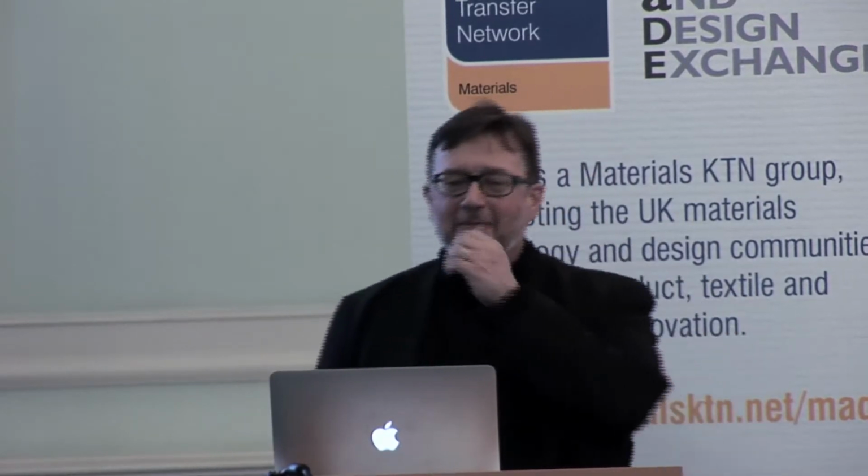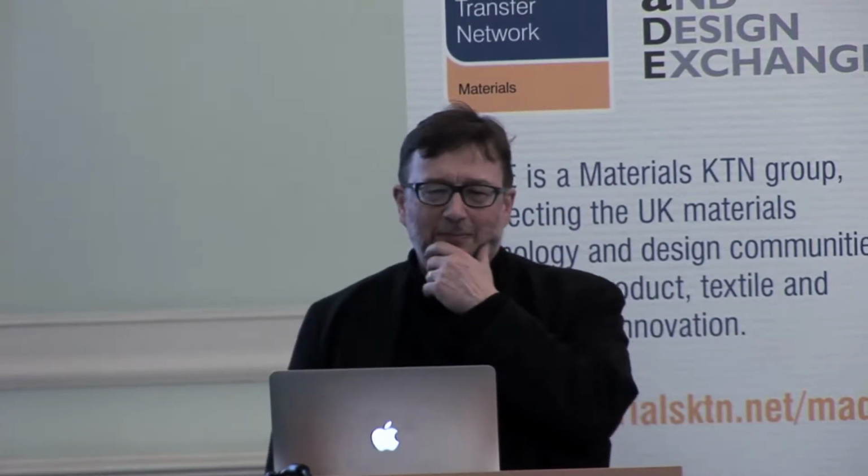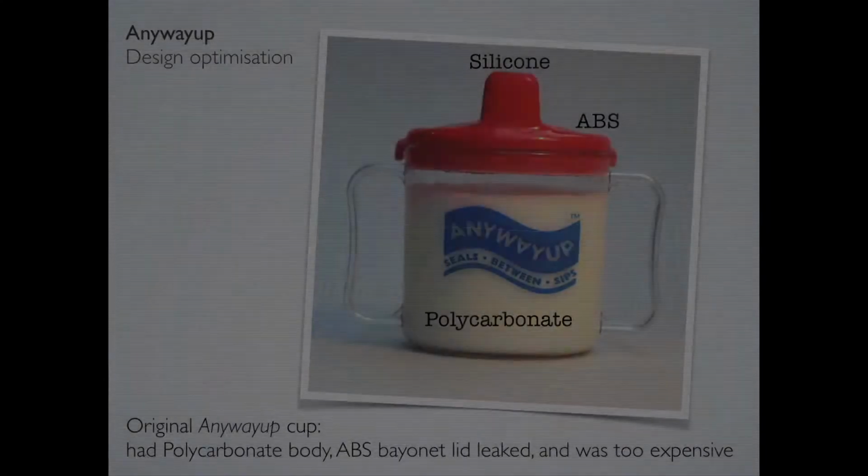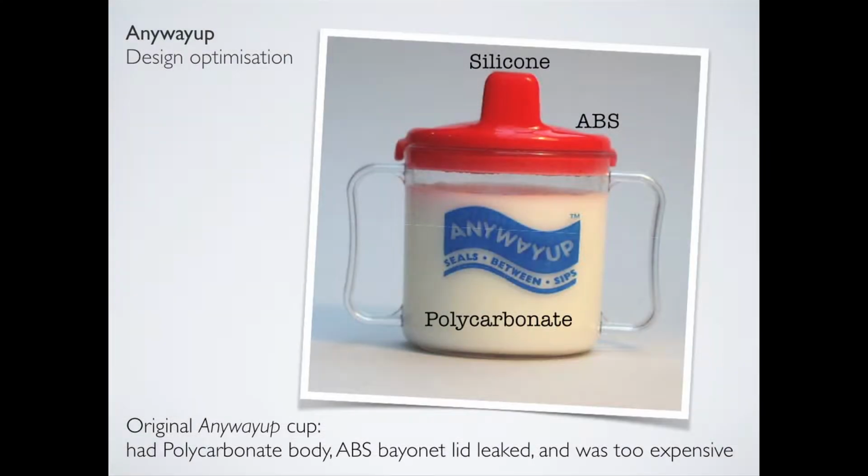So then sometime later, I came across this baby cup, and I'd got children by then, and it had problems, and it leaked. It had this great idea of having a silicone seal at the top, but it leaked all around the edges, and it wasn't really fit for purpose.